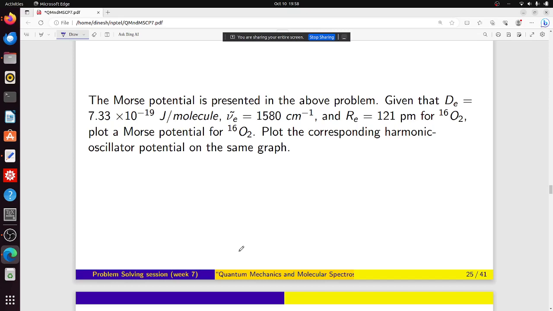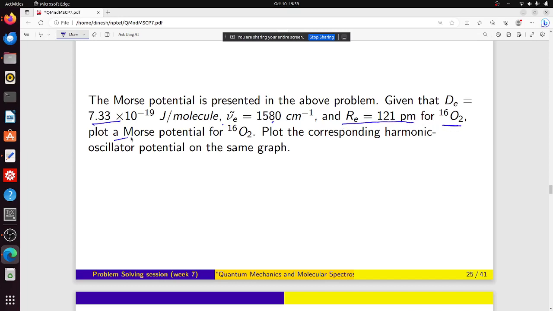The Morse potential is presented in the above problem. Then D is given, and nu E bar is also given, and Re is given for the oxygen molecule.